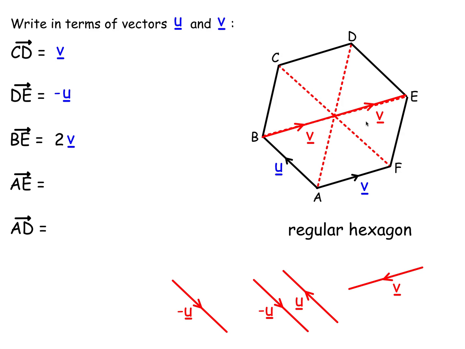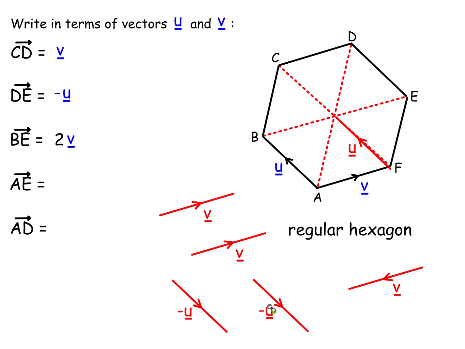It's because they're equilateral triangles, 3 equal sides, that line there was the same length as V. And so is that one. Now in the same way, that is also the same as U. And that's also U.